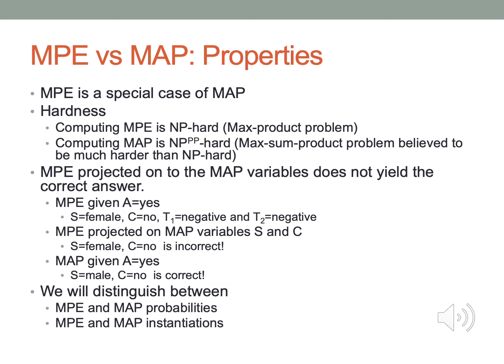A third distinction, and this is an important one that I want to highlight, is that MPE projected on the MAP variables does not yield the correct solution. So if you give me an MPE assignment, and if I project the assignment over the MAP variables, it will not yield the correct solution to the MAP problem.